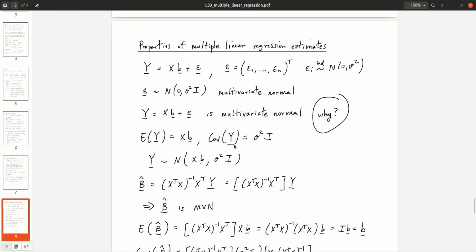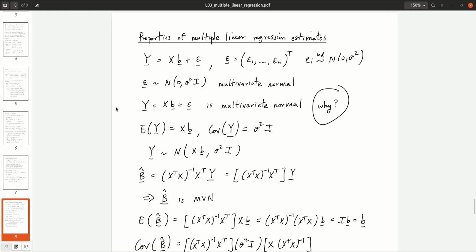And then the covariance matrix for y is going to be I times the covariance matrix for epsilon, which is sigma squared I, times I. So you just get sigma squared I. So that means that y as a vector is multivariate normal, mean vector xb, and covariance matrix sigma squared I.